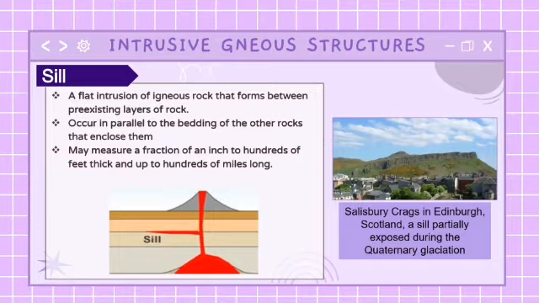Sills may measure a fraction of an inch to hundreds of feet thick and up to hundreds of miles long. So, muna siya sill. Pero mas common niya ang kanang horizontal sill. Another example, kaning Salisbury Crags in Edinburgh, Scotland, a sill partially exposed during the Quaternary glaciation.